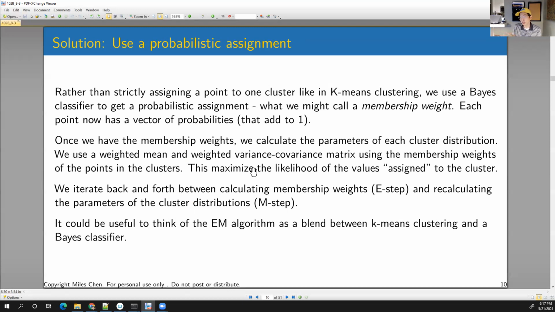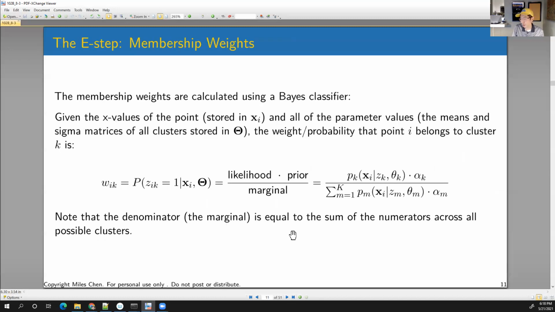Recalculating the parameters of the cluster distributions, which would be calculating the mean and calculating the sigma matrix, will be the M step. All right. And again, we can think of the EM algorithm as kind of some kind of blend between k-means clustering and the Bayes classifier.